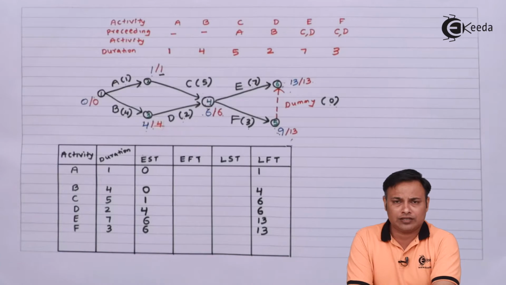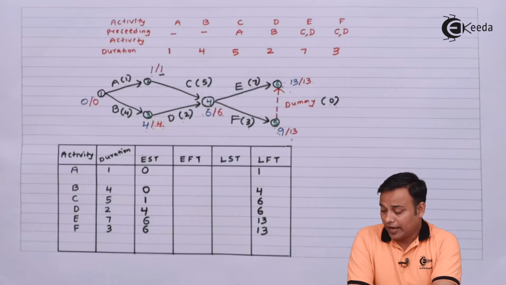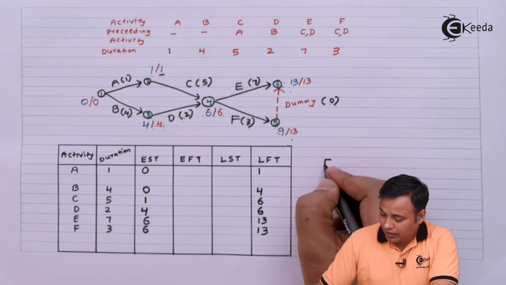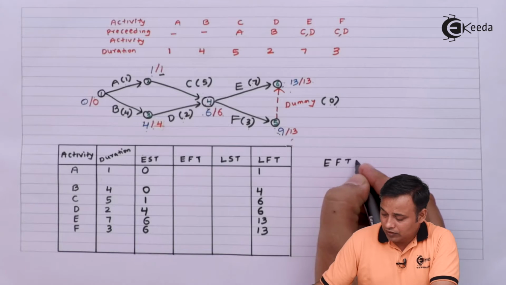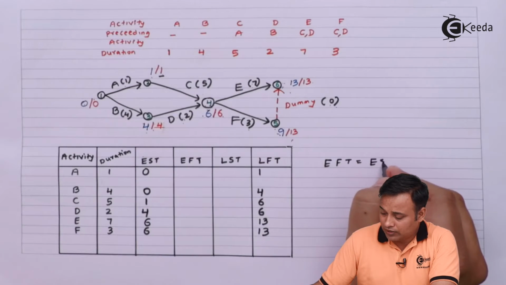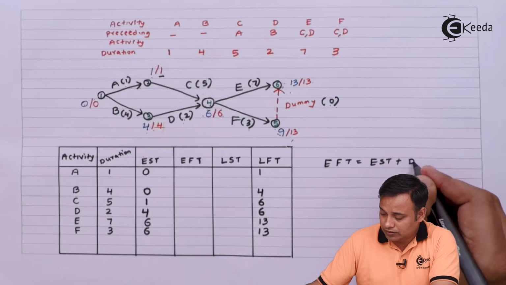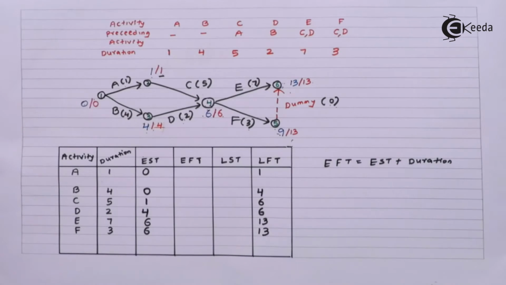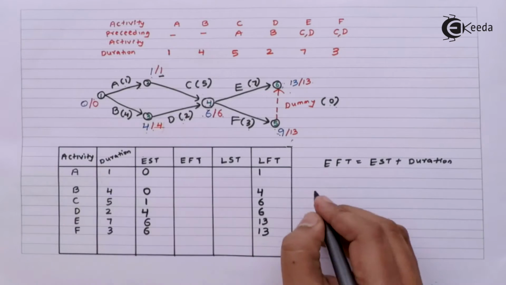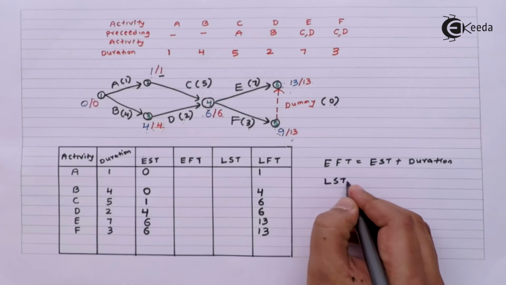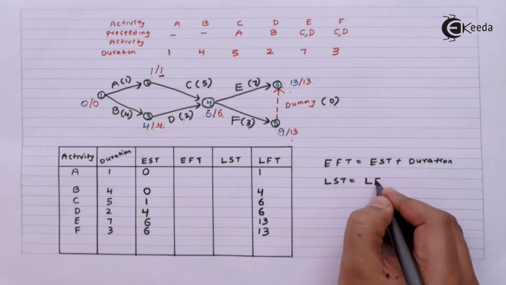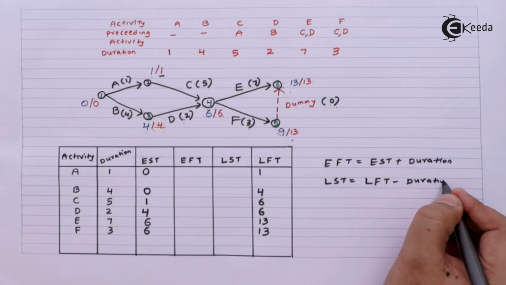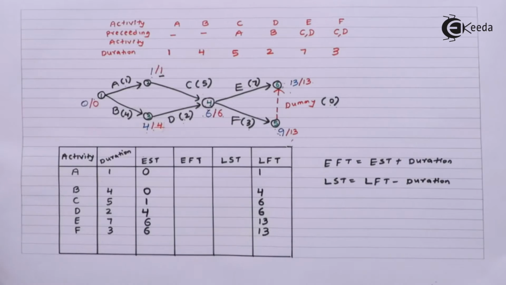Now I can calculate the earliest finishing time and the latest starting time. Your earliest finishing time will be equal to your earliest starting time plus duration of the project. And for latest starting time, the formula will be latest finishing time minus duration of the project.